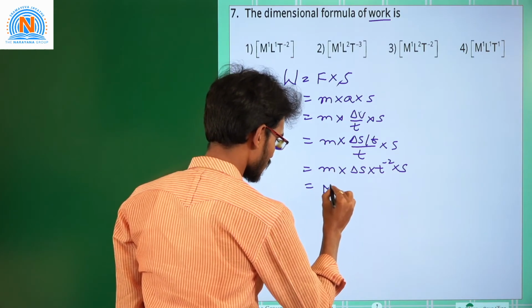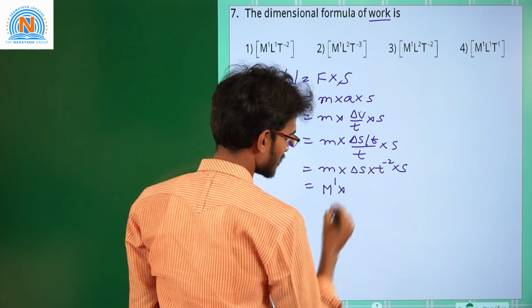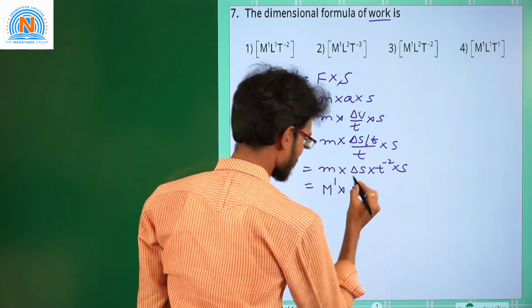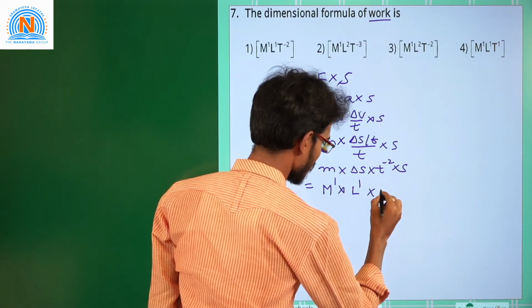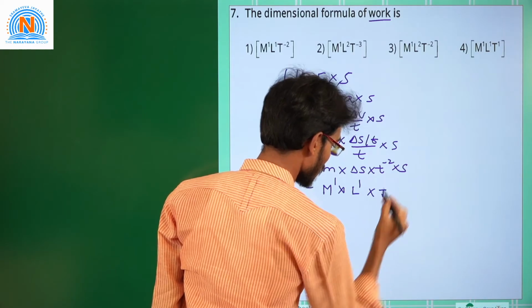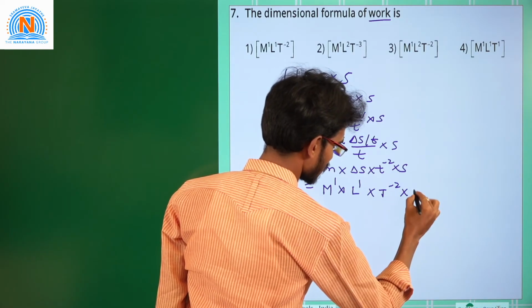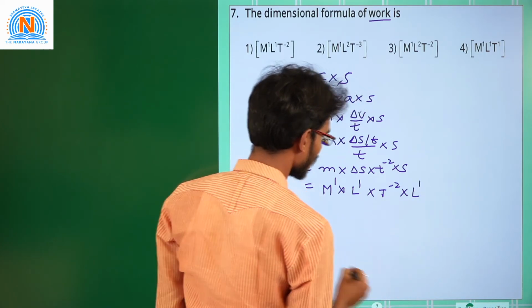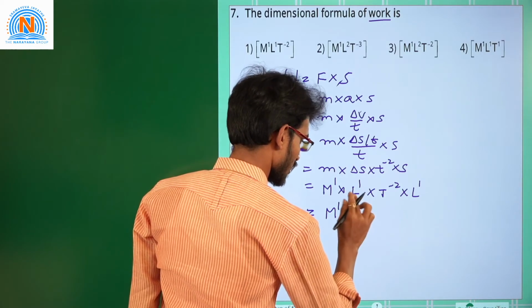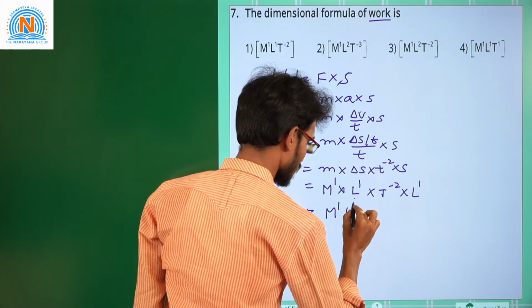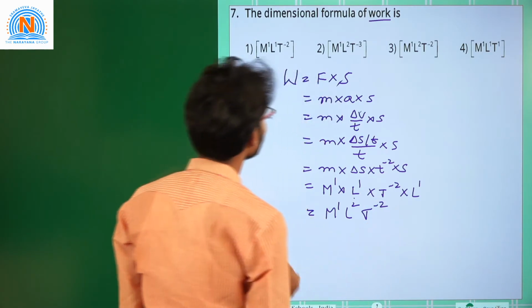Mass dimensional symbol is M and its dimension is 1; displacement dimensional symbol is L, its dimension is 1; and time, symbol is T, its dimension is minus 2; and displacement dimensional symbol is L power 1. So M power 1, and L power 1 times L power 1 is L square, T power minus 2.